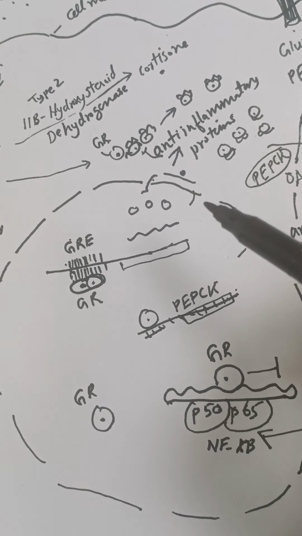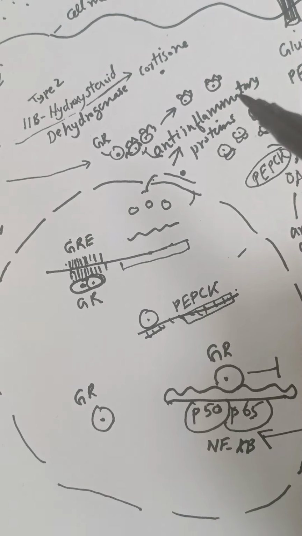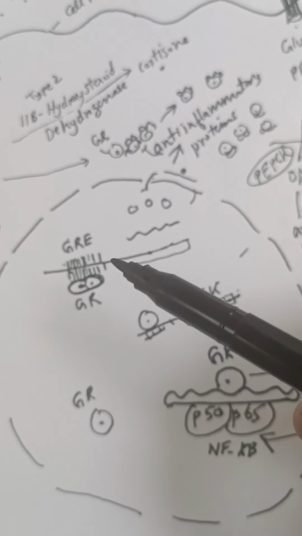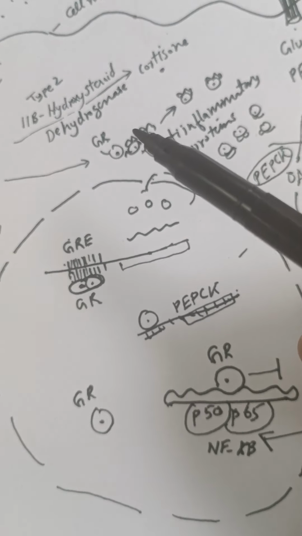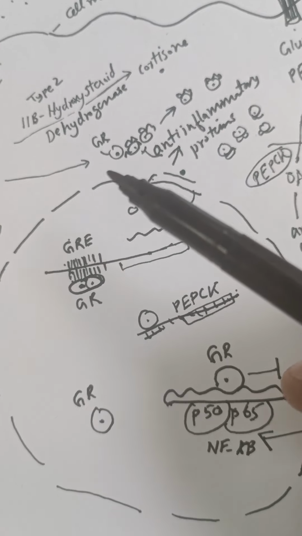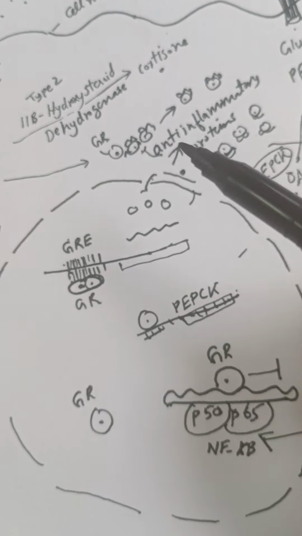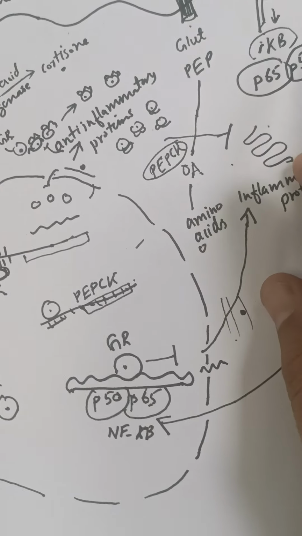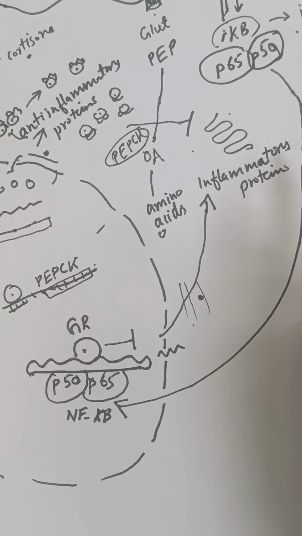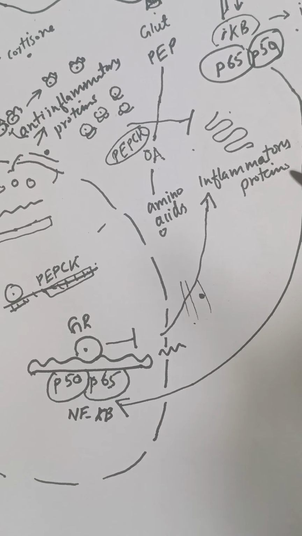So it activates the anti-inflammatory genes or proteins, both genomically through increase in expression of their mRNAs, and also through their activation in the cytoplasm. These anti-inflammatory proteins are then involved in the inhibition of inflammatory proteins in the cells.